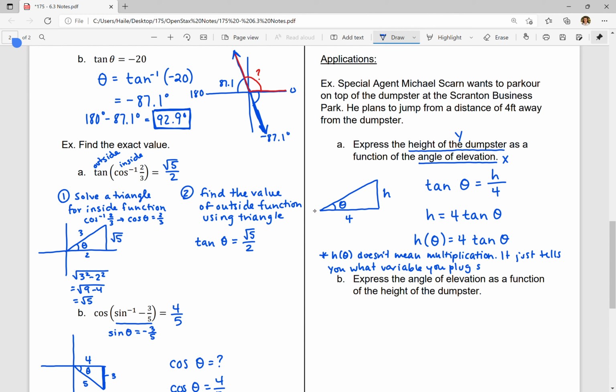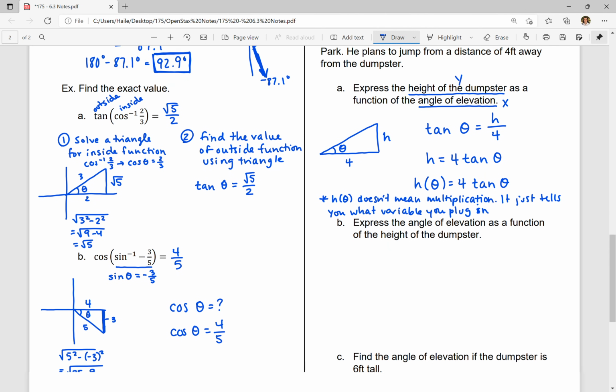Sometimes when you read these problems of expressing something as a function of something else, it gets a little confusing as to what you're plugging in versus what you're getting out. A way to keep that less confusing is using this function notation right here. That's telling you that you've expressed h as a function of theta. Okay, so let's do another problem related to this.